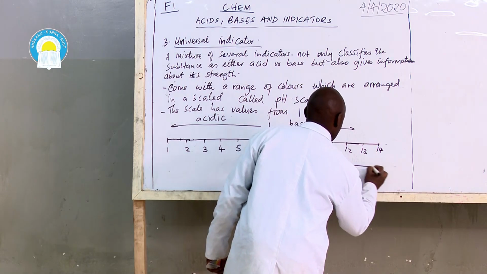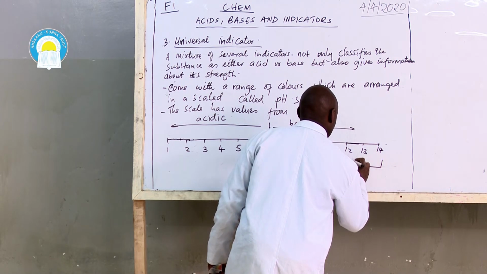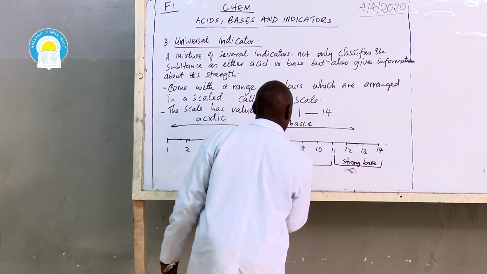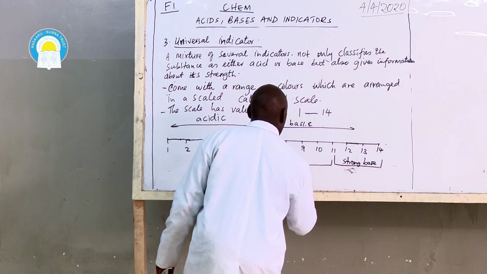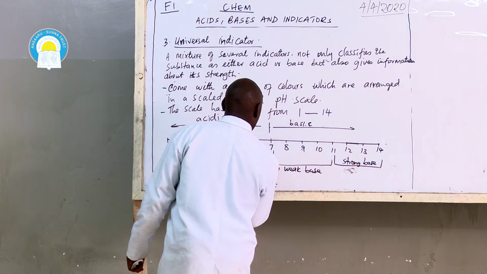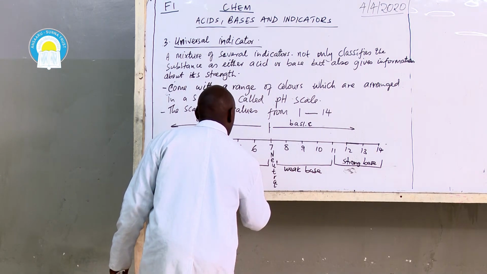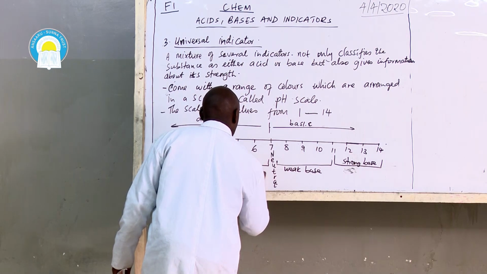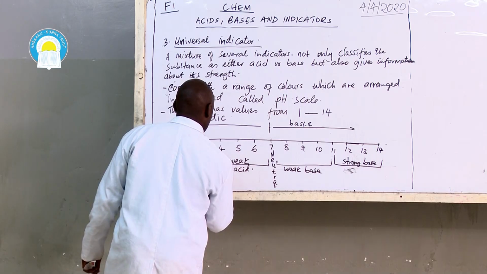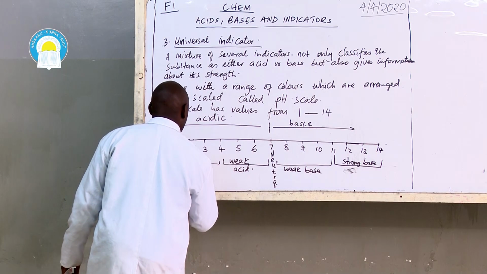So this is strong base. This one, up to somewhere here, is weak base. Then just before 7, up to around there, is weak acid. From pH 1 to around there is strong acid.